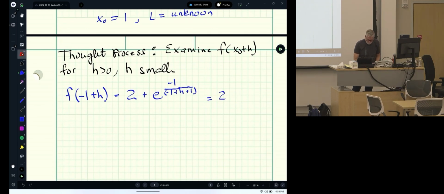So let's do the algebra. These cancel. This is 2 plus e to the minus 1 over h.